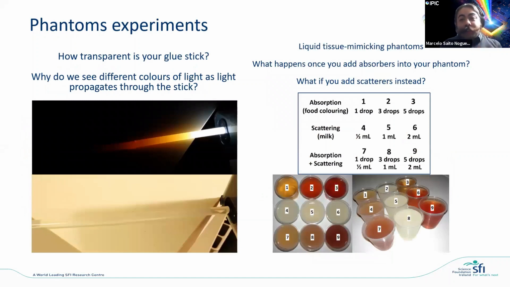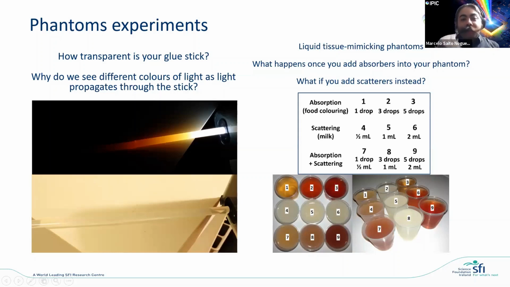With the tissue-mimicking phantom experiments, we start the manual by giving you a teaser: try to think how transparent a glue stick is. Have you seen how the light propagates through a glue stick? It looks reasonably transparent, but could you see how much light will end up on the other side of it?